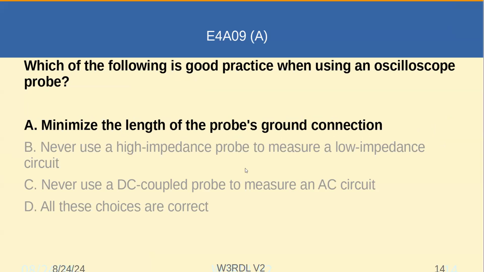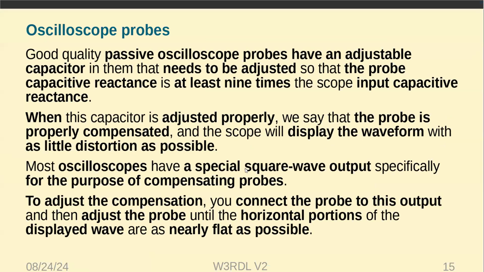Minimize the probe ground length. They say good quality passive oscilloscope probes have an adjustment. I guess there's some cheap ones that don't have that adjustment, but I've never had one.